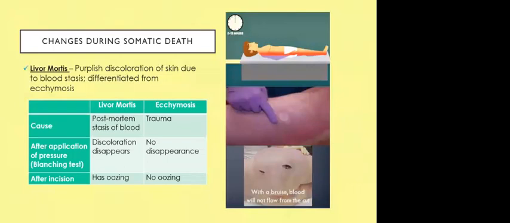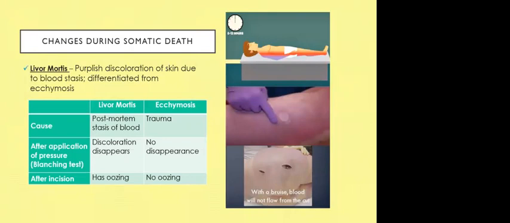Okay, so let us now compare these two types of discoloration that the body might experience after post-mortem or somatic death. For the cause, livor mortis is because of the stoppage of blood, so post-mortem stasis of blood. While for the ecchymosis, it can be due to trauma, so physical abuse and other forms of abuse.